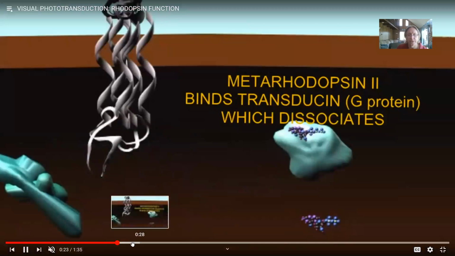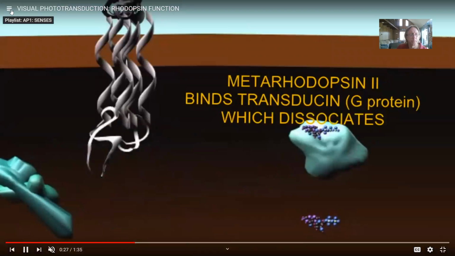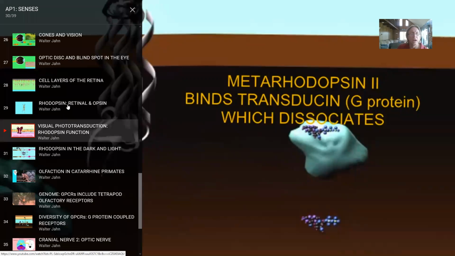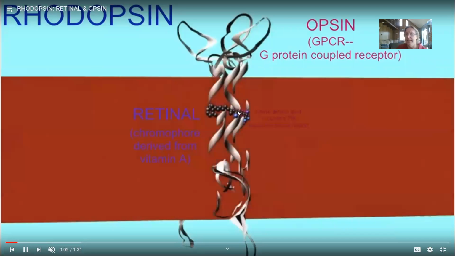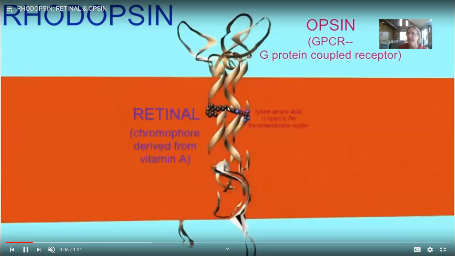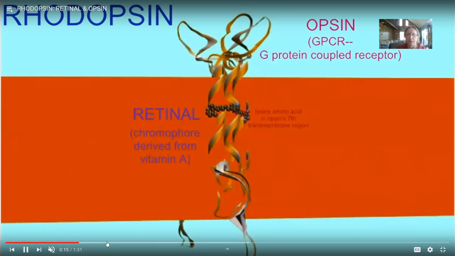Okay, and so I'm sorry, I think I skipped a step. The key is that retinol has two forms. All right, one form is bent, and when it's bent, it can stick on opsin and form rhodopsin, which is now a complex that has both the retinol and the opsin.